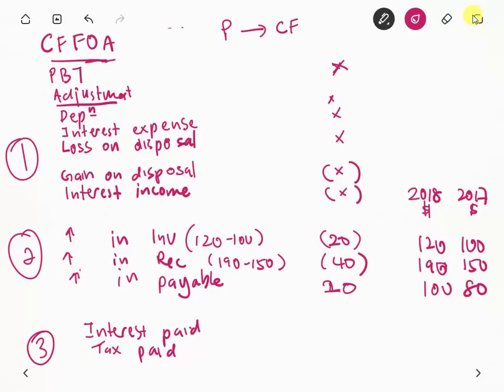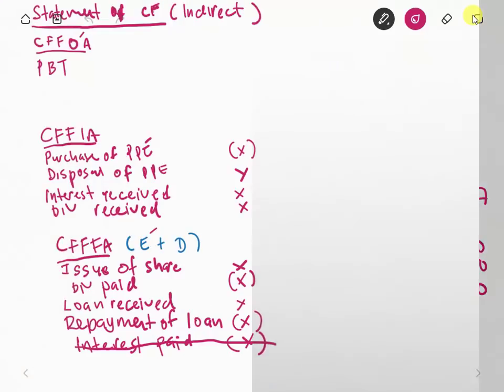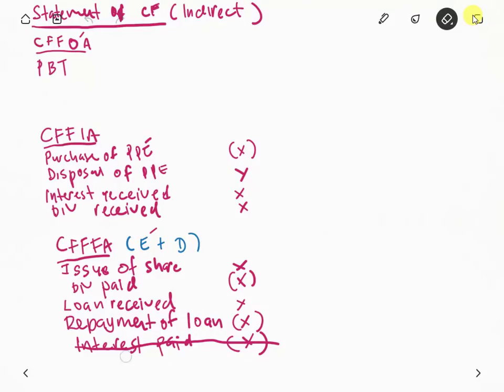Is it okay? So we have three activities: operating, investing, financing. Then you look at your format.